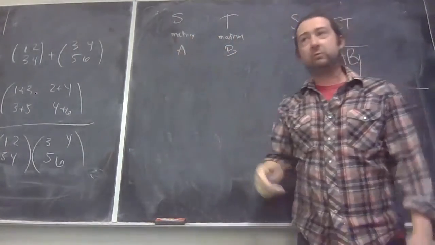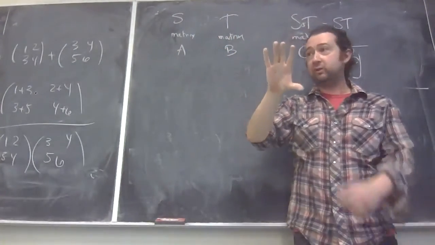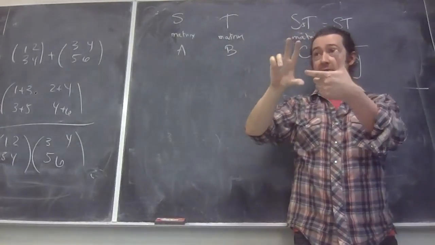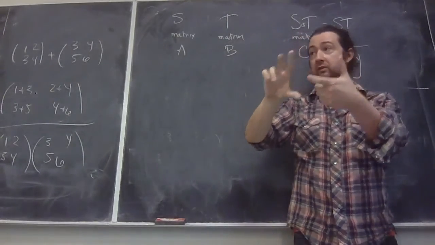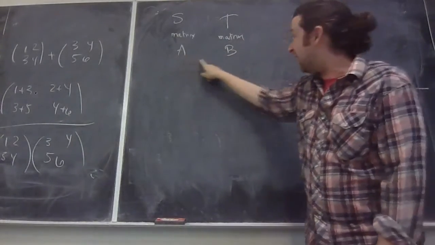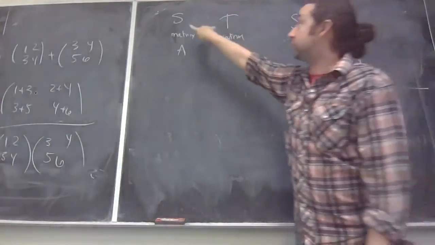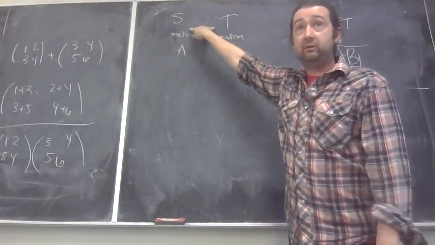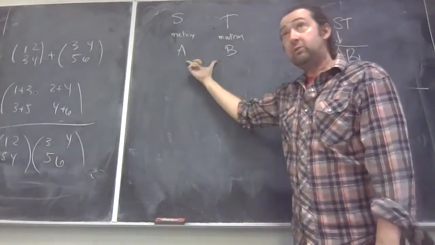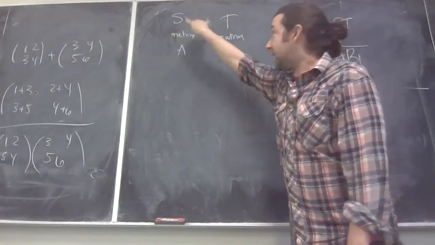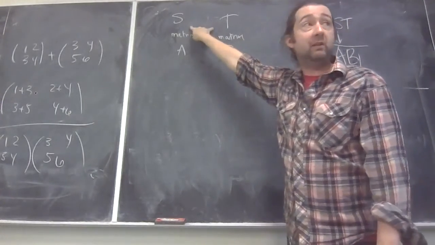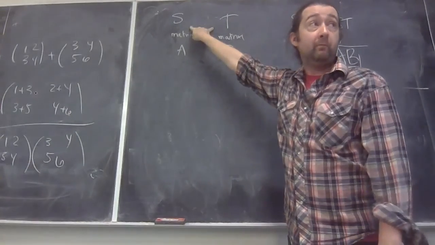For matrices, that corresponds to the number of rows of one matrix and the number of columns of the other matching. The outputs and the inputs match. So that size thing where you write down m by n and n by r, and the n's have to be equal in the middle, exactly corresponds to when the composition makes sense. So dimension matching of matrix multiplication is precisely the condition when compositions make sense to compute.